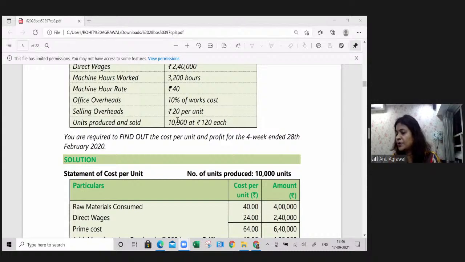You can't do anything about it. What do you do, Charu? Now there, the defective cost, you'll charge off on those 95 units, right? Because that's within your normal, within your acceptable.